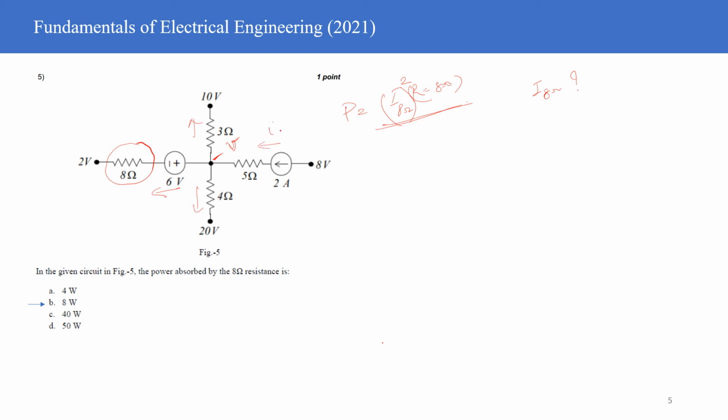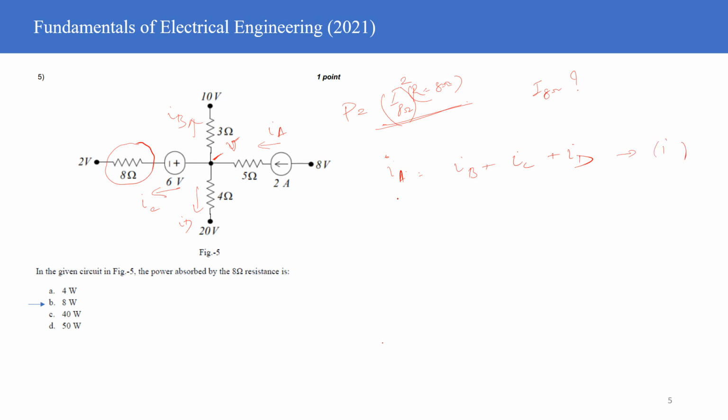So IA, IB, IC, ID. I know that IA is nothing but IB plus IC plus ID. As per the diagram I have drawn, this is the direction of the current I have chosen. Based on this, I can write the KCL equation, equation number 1.